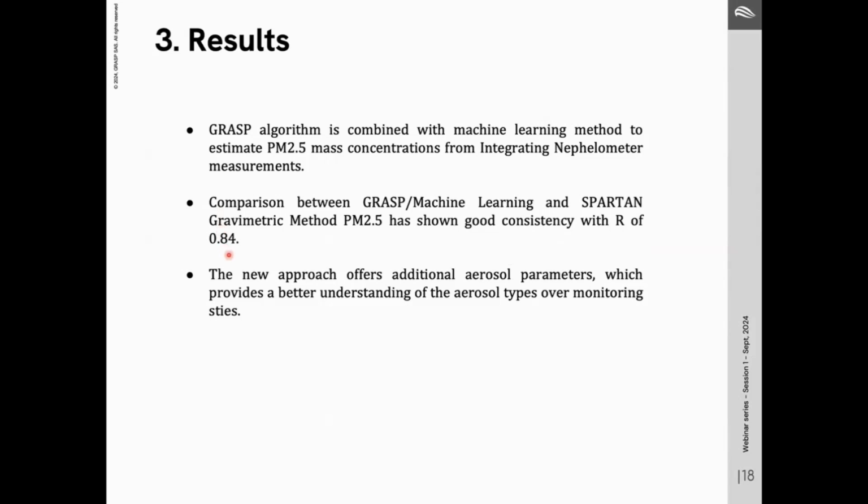And our new approach does not only give PM2.5 products with a very high time resolution, we also provide additional aerosol parameters such as the size distribution and the refractive indices, as I described earlier. And this will provide us a better understanding of the aerosol type over the monitoring site.